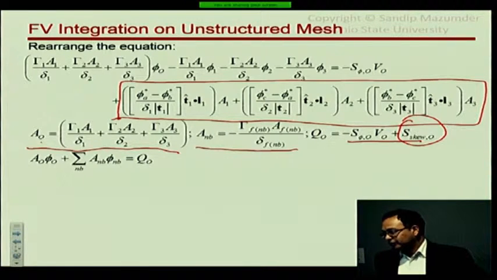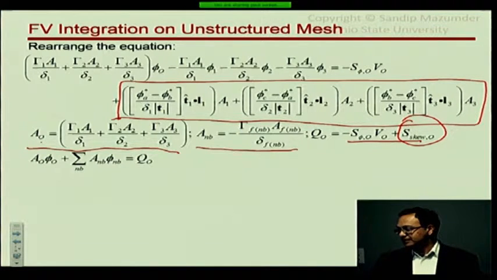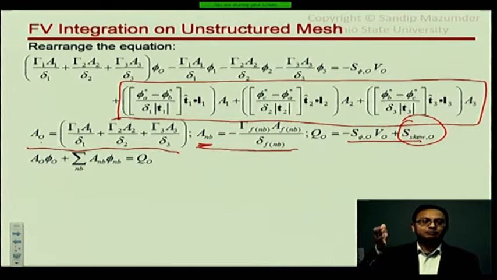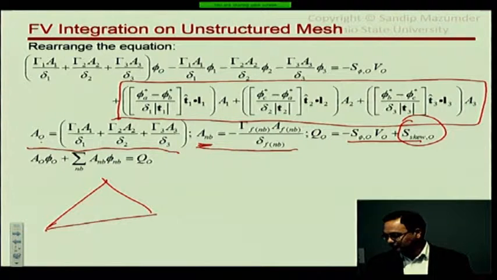So later on, when I show you a code, you will see the way this is typically coded in is, you go over all cells. Whenever you visit a boundary face, you simply set the neighboring coefficient to 0, okay, because that term you're going to add as a source later on. All right. So suppose I am at a cell like that, and this is the boundary, okay, and I'm looping over all the faces.